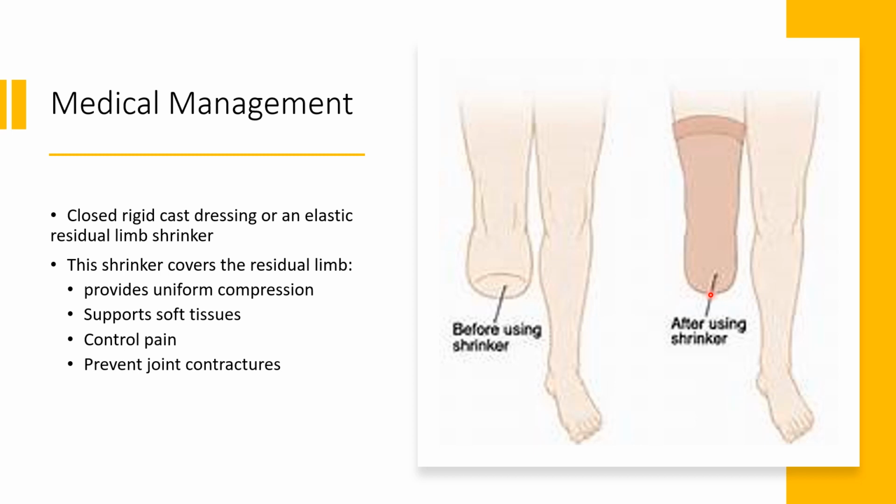There are different types of exercises that the patient does to get ready for the weight bearing that's going to happen when they actually attach the prosthetic. I'm interested to hear whether you've taken care of patients. I think some of you said you had patients who've had amputations, and what that type of treatment looked like. The shrinker covers the residual limb, provides uniform compression, supports the soft tissues, controls pain, and also prevents joint contractures.